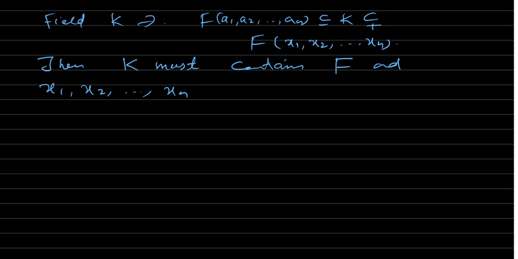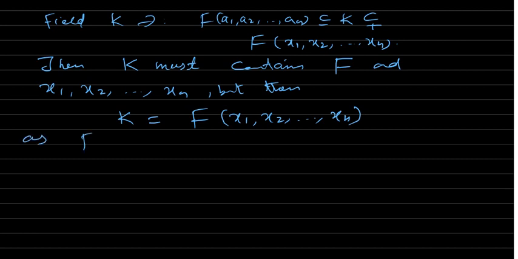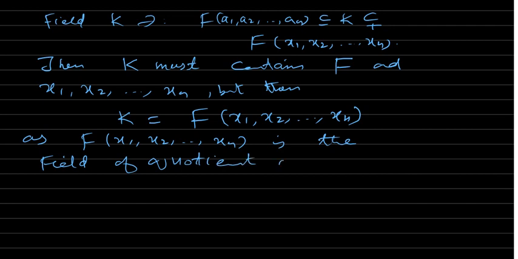So this K should be equal to F(x1, x2, ..., xn), as it is the smallest field containing them. So therefore there is no proper subfield K, which is a contradiction, because we had already assumed K is not equal to it, but K came out equal to it, which is a contradiction.